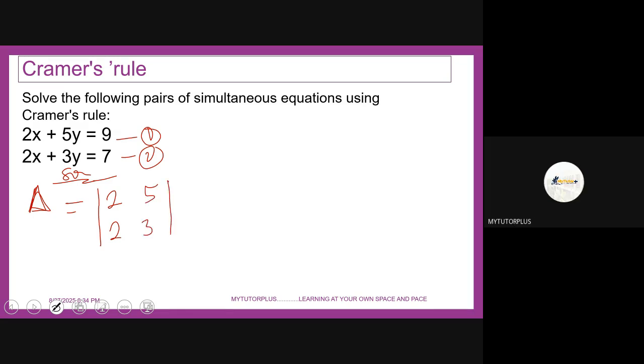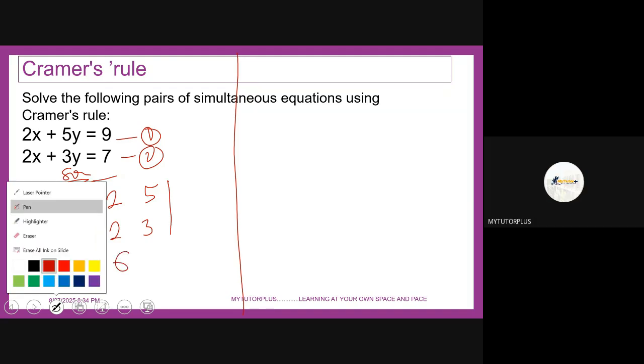Now, from what I'm having here, the next step is for me to evaluate the determinant of this. Do you get that? What will be our determinant for this one? Let me write the steps so that if you want to read later, you understand the process.